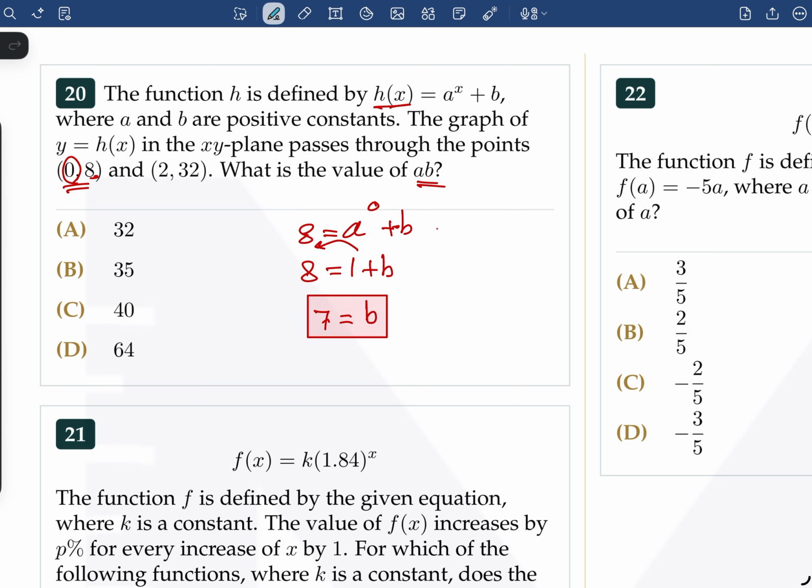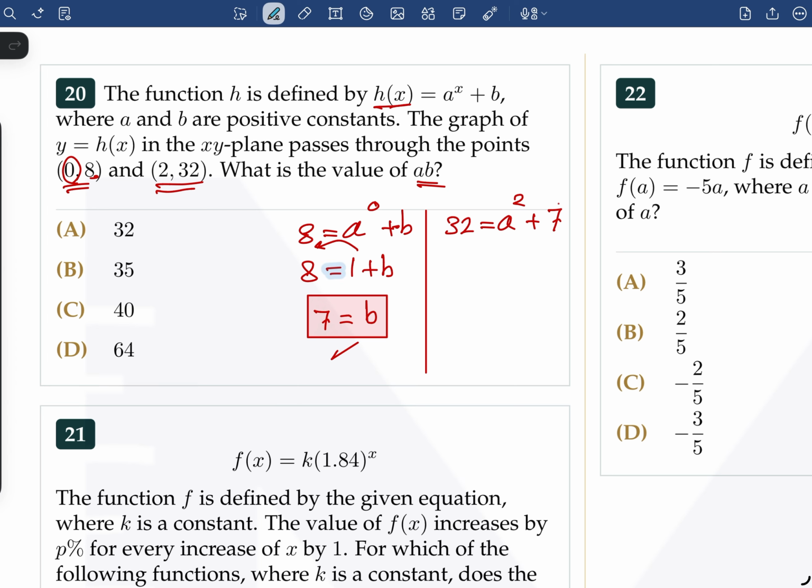And because b is a constant, we can use it in the other step, which is the other point. Replace h with 32, a to the x, and x is 2, and b, which is now 7, because a and b are constants, so we can replace b with the same 7.